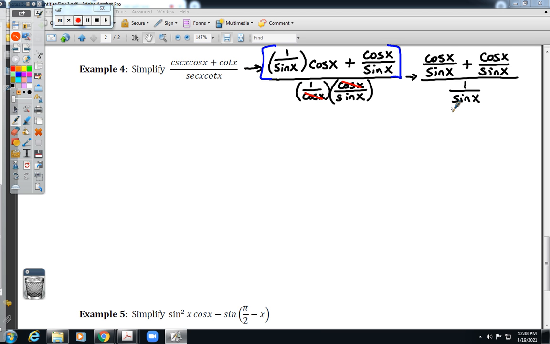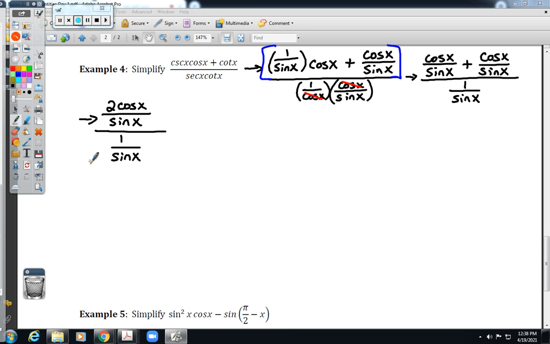I'm going to add cosine over sine plus cosine over sine. Those are the same thing, right? So when I add an expression like, say, z plus z, what do I get? 2z, right? So when I add those two fractions together, I get 2 cosine x over sine x, and that's still over 1 over sine.